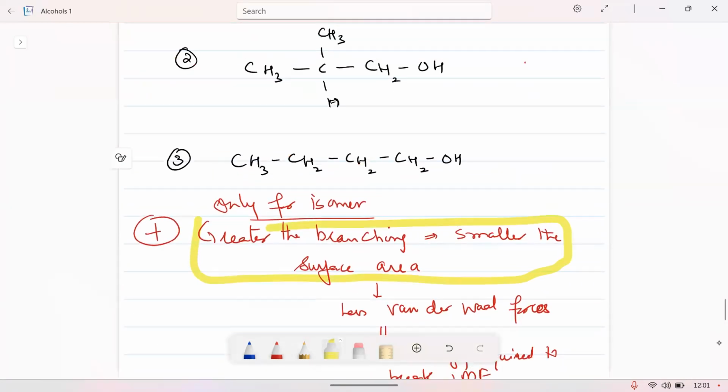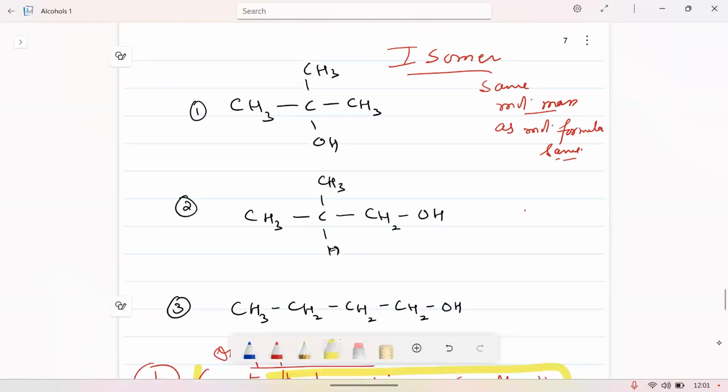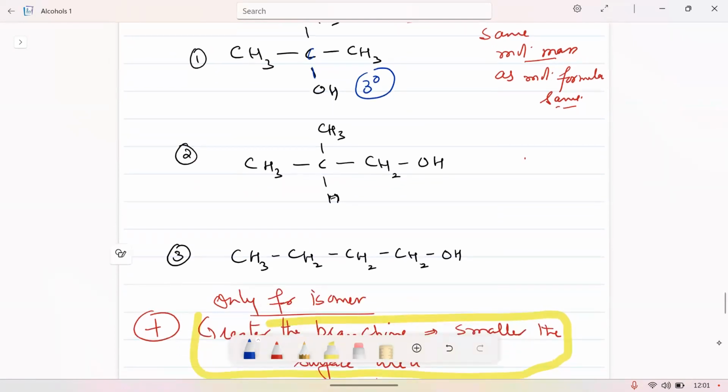Now, if you go back to the examples, here the OH is attached to a carbon that is attached to 3 other carbons. So this is a tertiary alcohol. I should make it secondary for comparison.